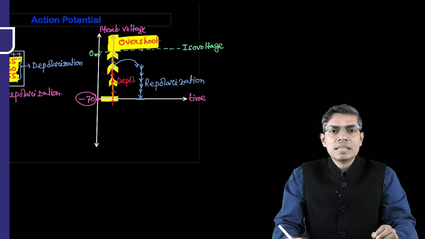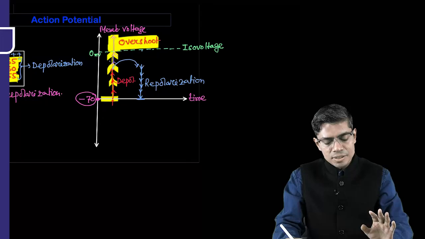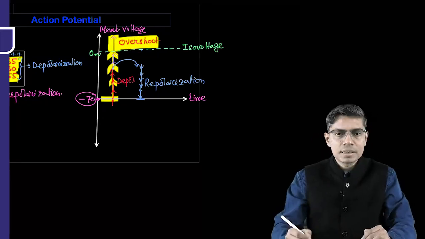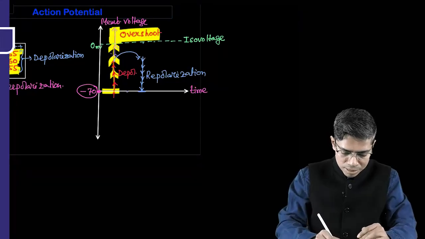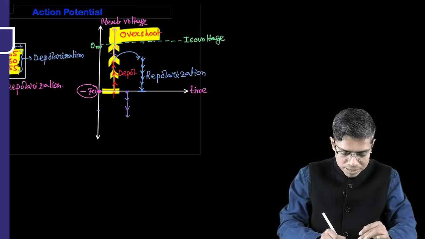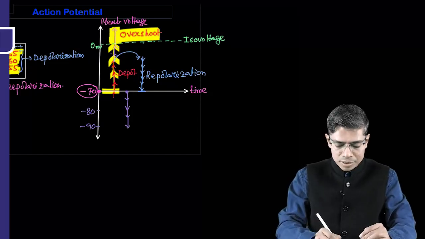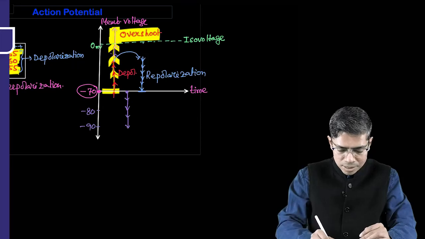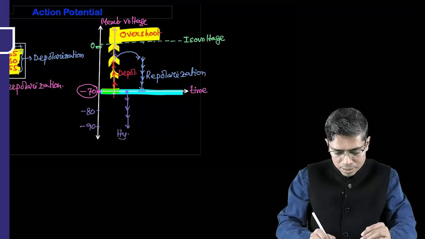So more positive is depolarization, coming back towards the RMP is repolarization. Now if the membrane is becoming more and more negative due to inhibition, the membrane voltage goes for more and more negativity, maybe minus 80, maybe minus 90 or whatever. This kind of negativity of the membrane voltage with respect to the resting membrane potential is known as hyperpolarization.